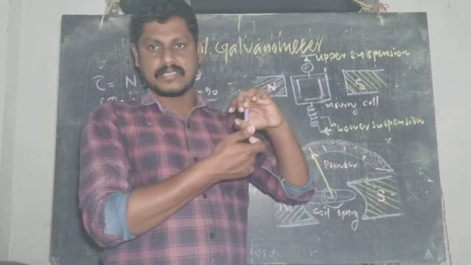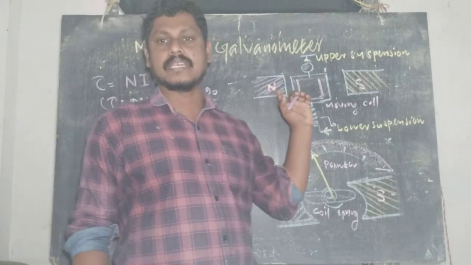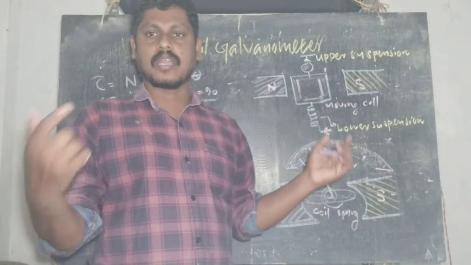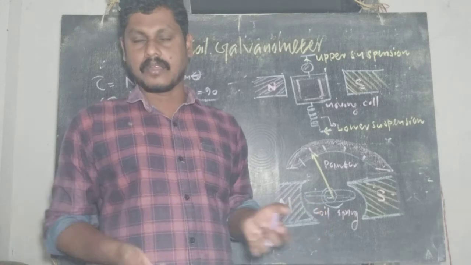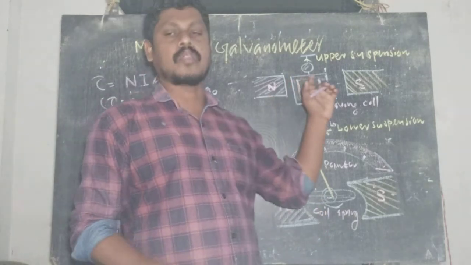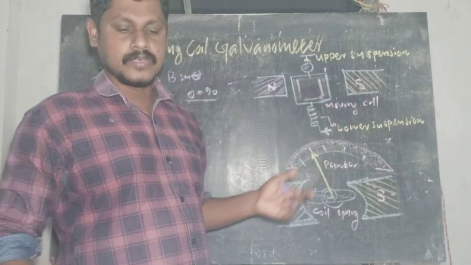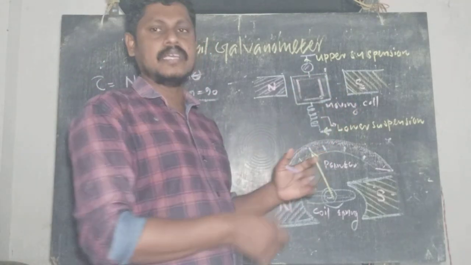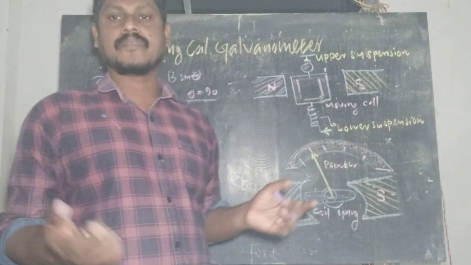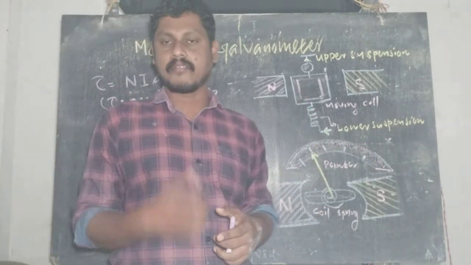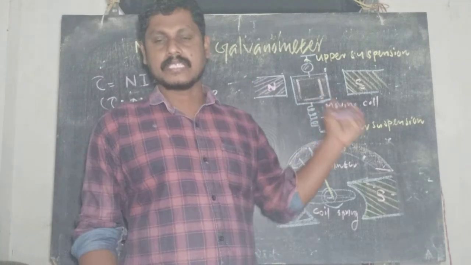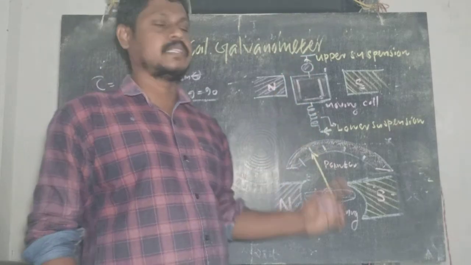In the absence of the current, a restoring torque is generated to regain the normal position of the coil. So the coil is twisted in one direction with the supplied current flow, and in the absence of current, with the help of the restoring torque, it will come back. So such a material is used for suspending this wire.